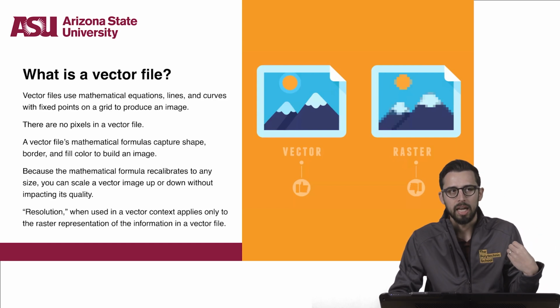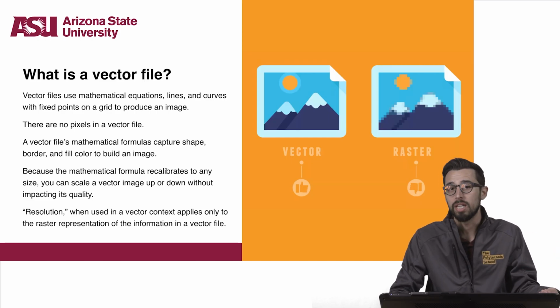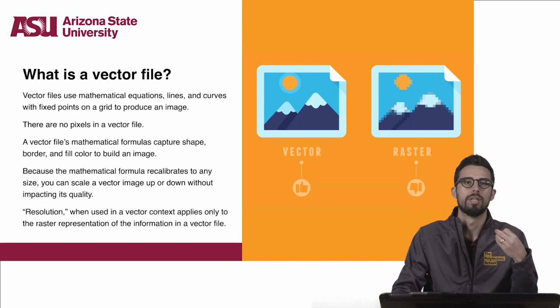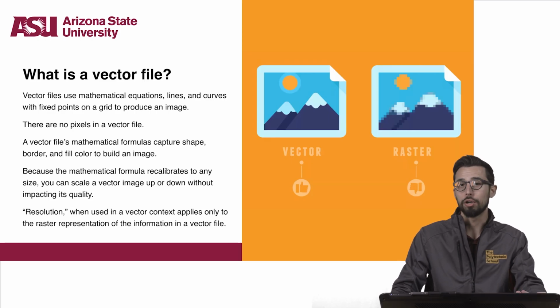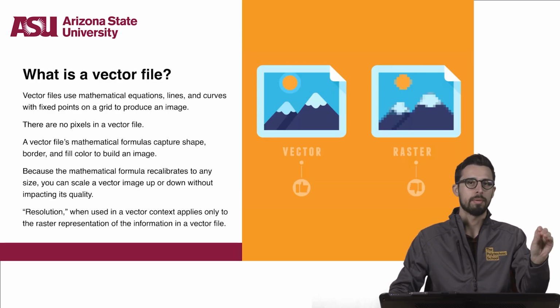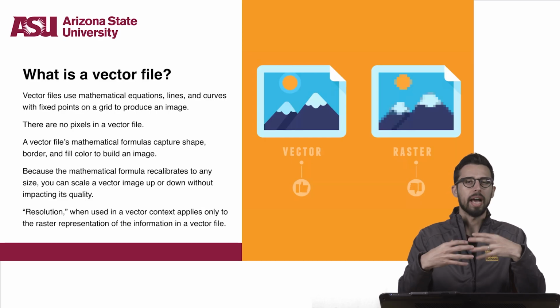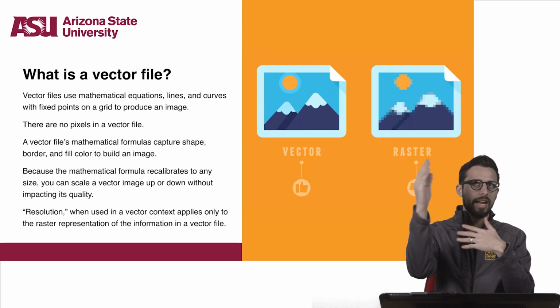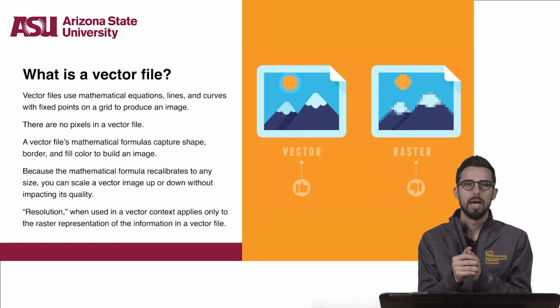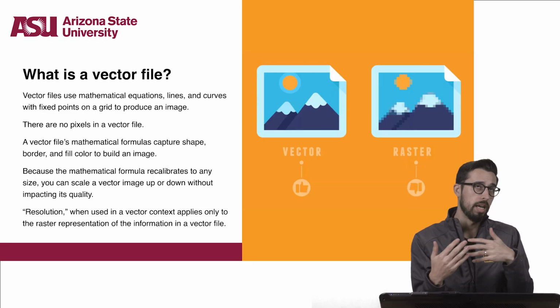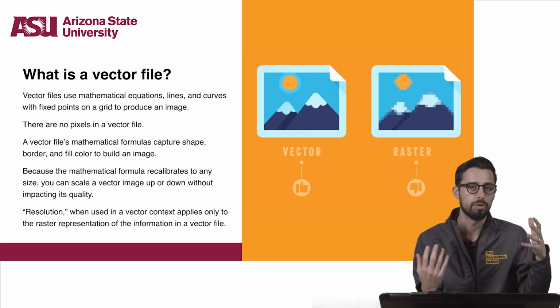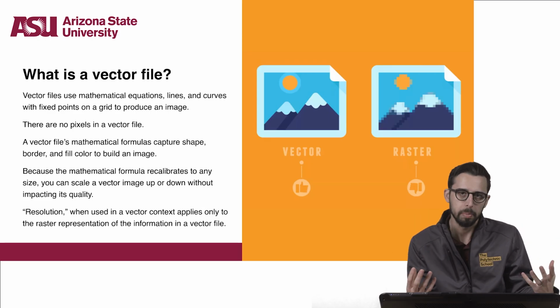Internally, a vector file is really just a list of instructions that tell a computer program where to place points on a grid and then how to join or connect all of those points. And essentially what colors those shapes ought to be.